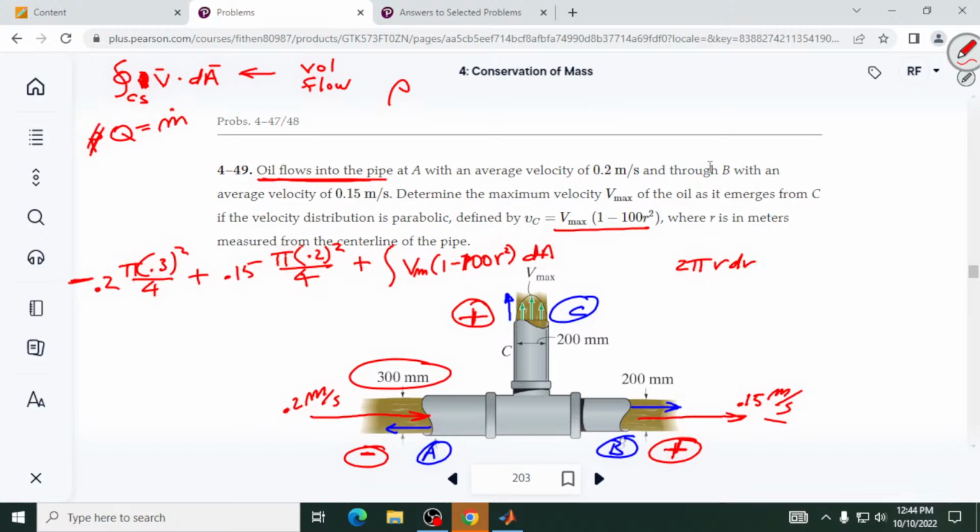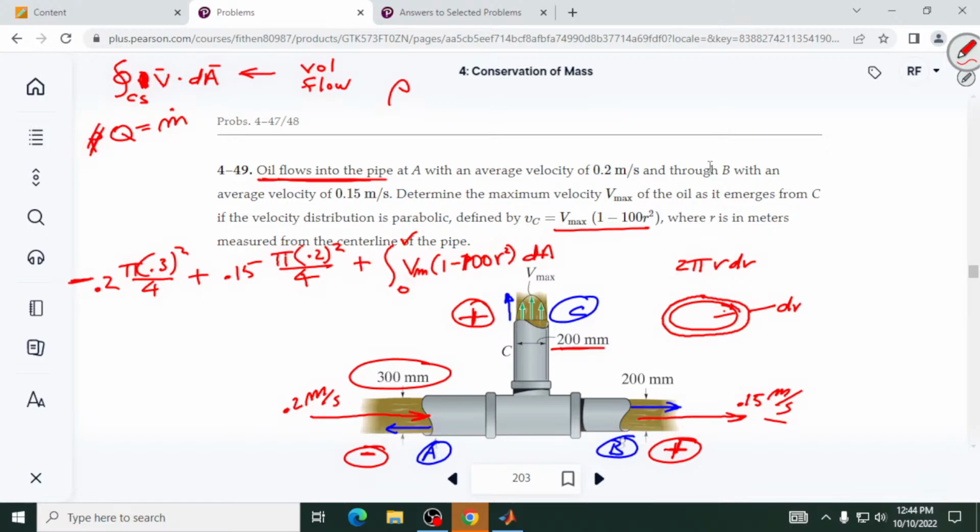because if you think about it, see if I can do a good job of drawing a circle. Here's a circle that's dr apart, and you're going to integrate that from 0 all the way out to the edge, or half of that.